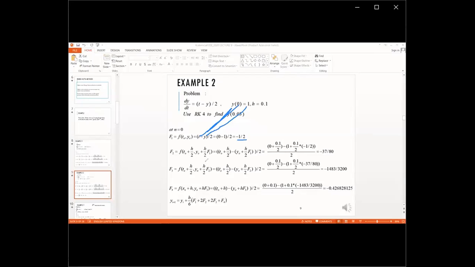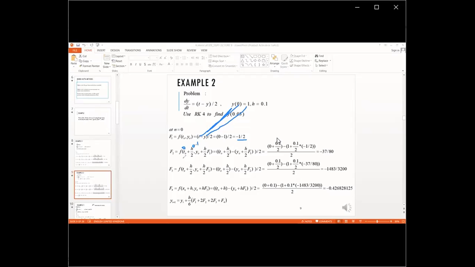The whole of t naught plus h over 2 is now your x, or your t in this case. Take note of that. This function is a function of t.